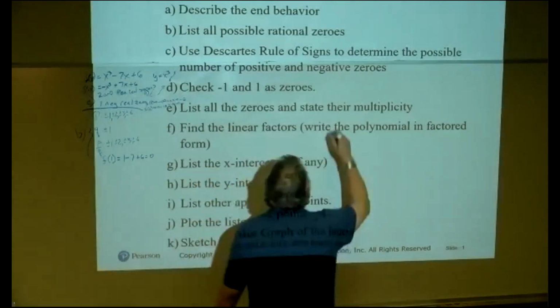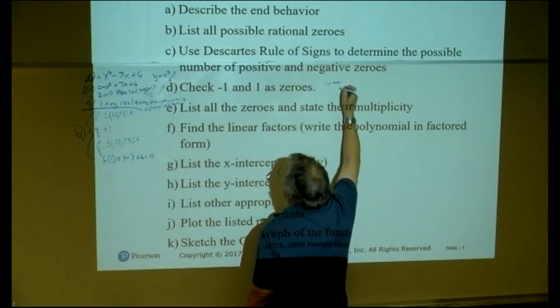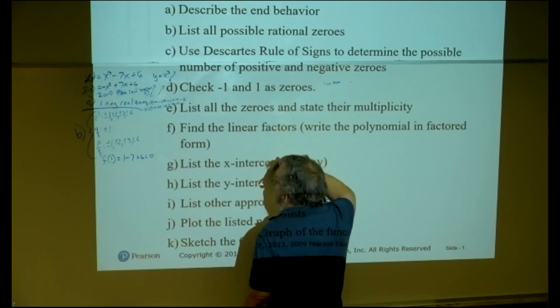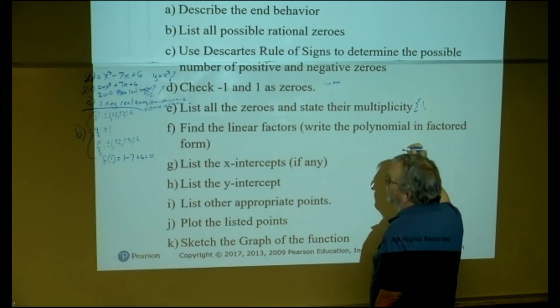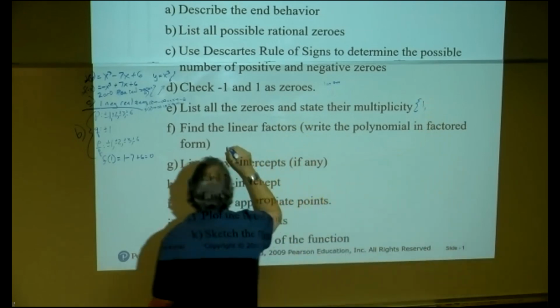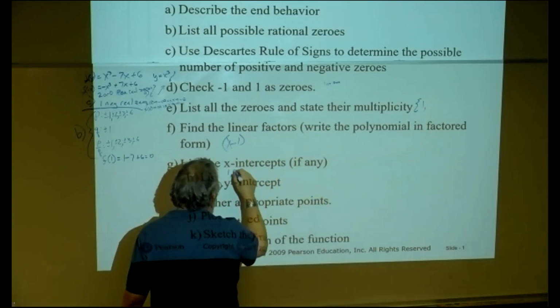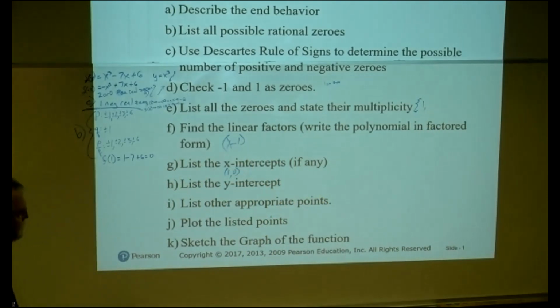So 1 is a zero. I answered portions of E, F, and G. That means x minus 1 is a factor, and that means (1, 0) is an x-intercept. Or you could just list the number 1, but I like to list it as a point.